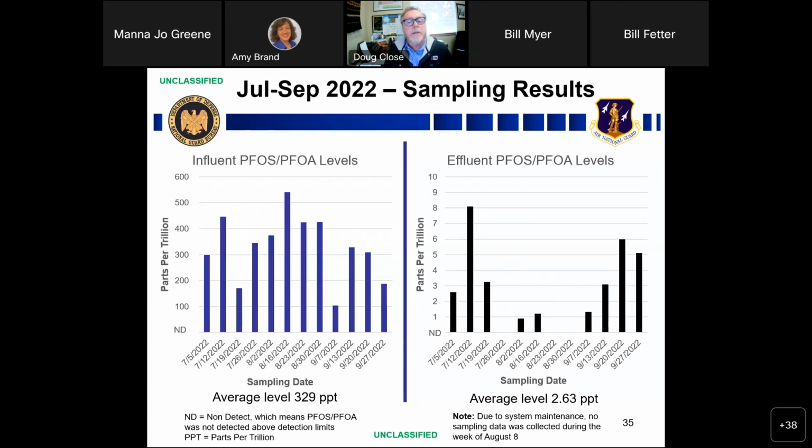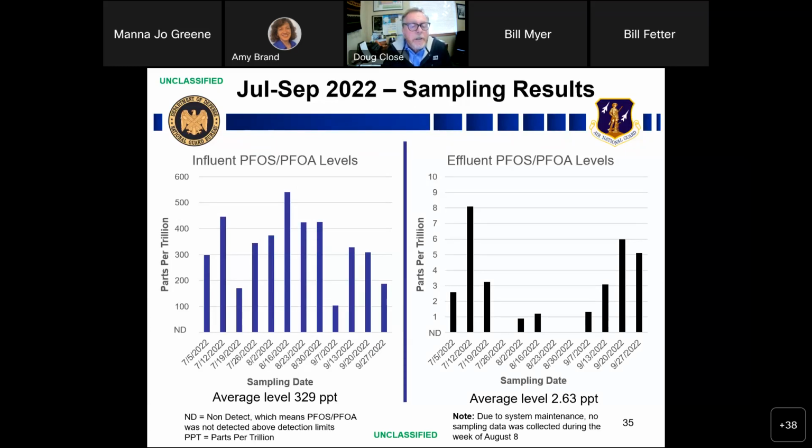So here are our sampling results for the quarterly period. I would like to remind you about the scale. If you're seeing this chart for the first time, on the left-hand side is our influent PFOS and PFOA levels in the water as we draw it in from the pond. The scale is in triple numbers, or hundreds of parts per trillion.